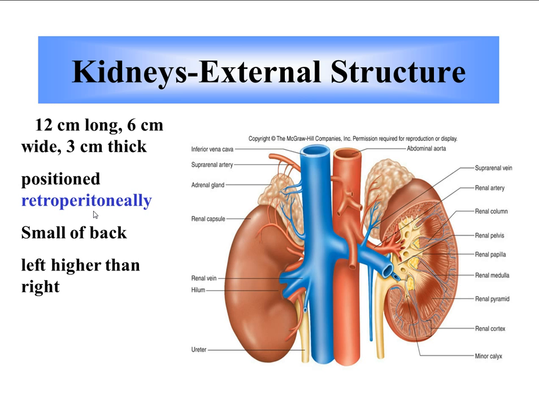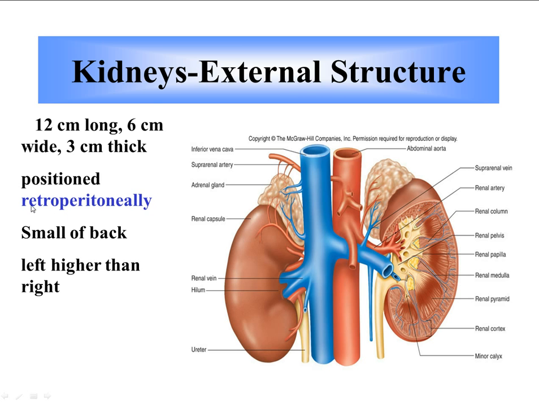Okay, the cavity that has those organs in it was called the peritoneal cavity. It is part of the abdominopelvic cavity, and the membrane lining that cavity was called the parietal peritoneum.